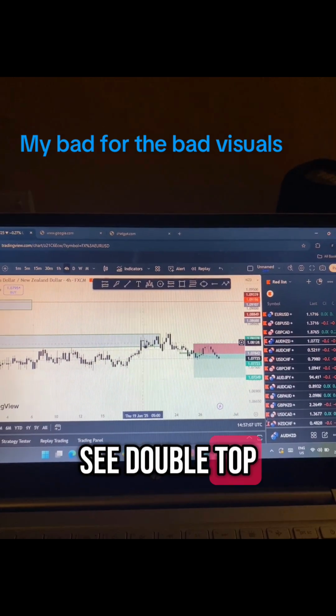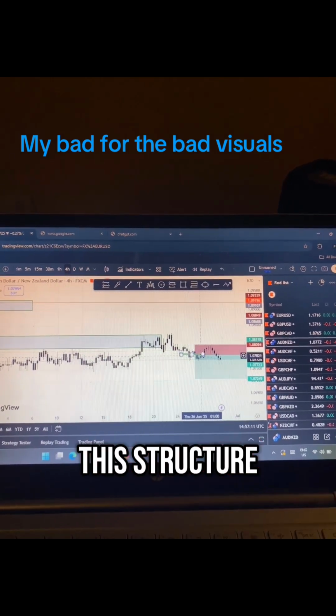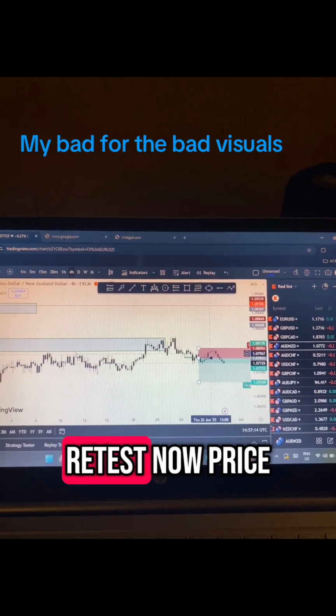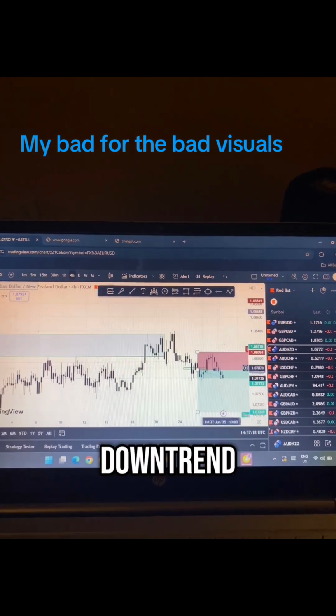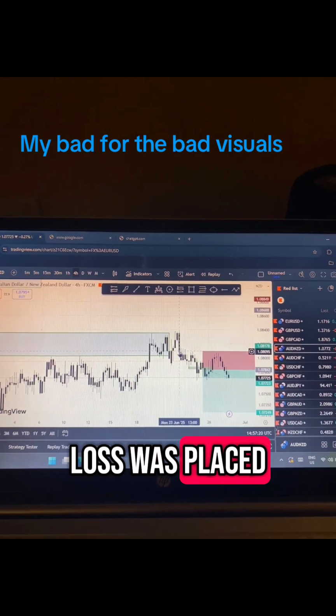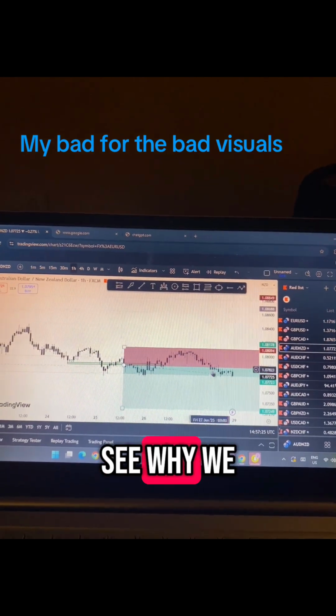We see a double top, then the break of this structure, then basically a retest. Now price is going up to continue the downtrend. The stop loss was placed just above this. Let's go to the 1 hour to see why I placed it there.